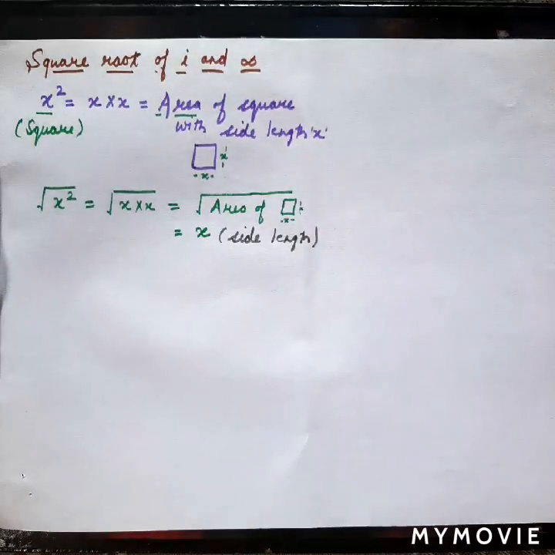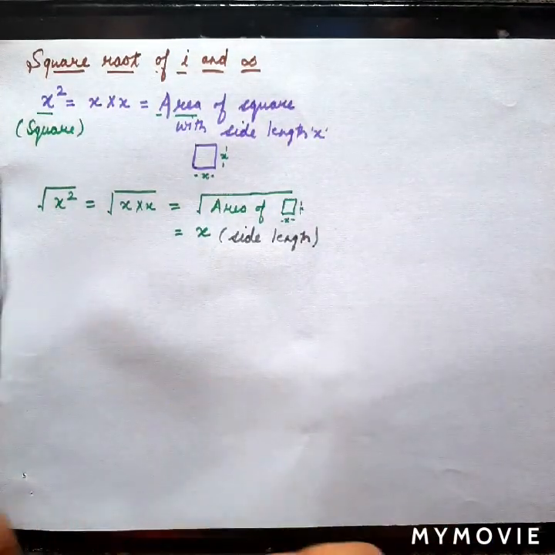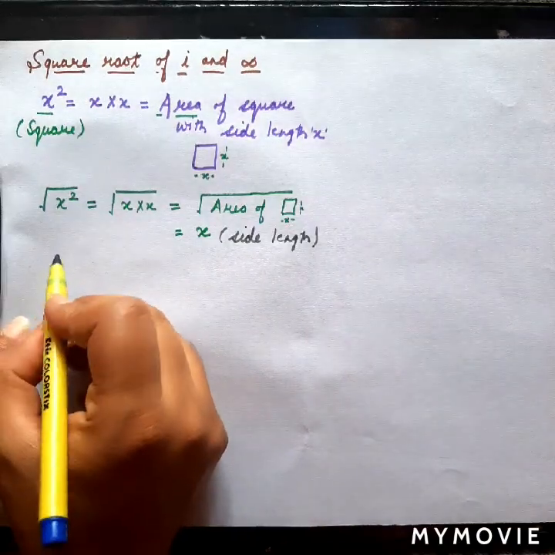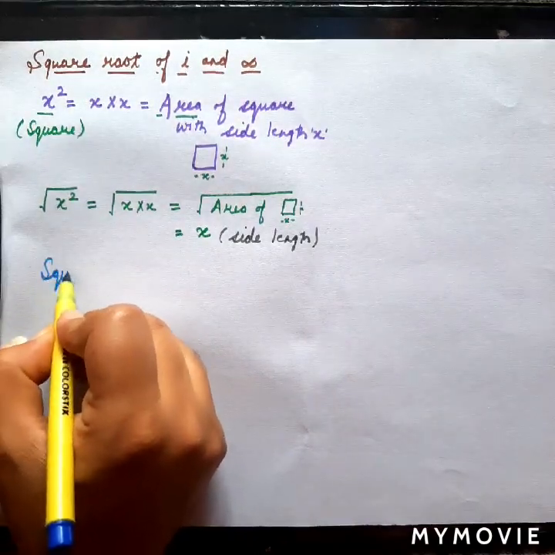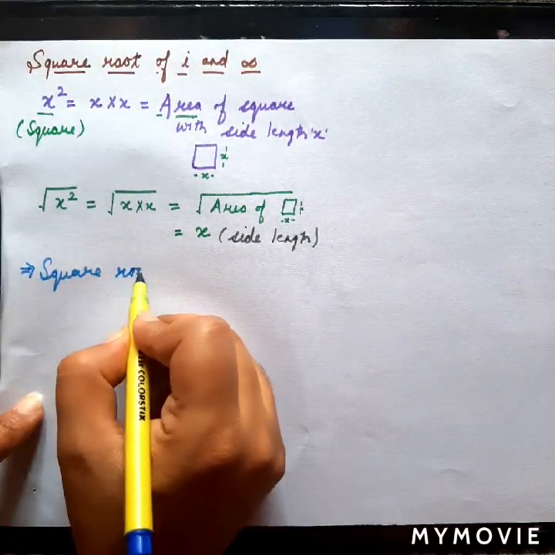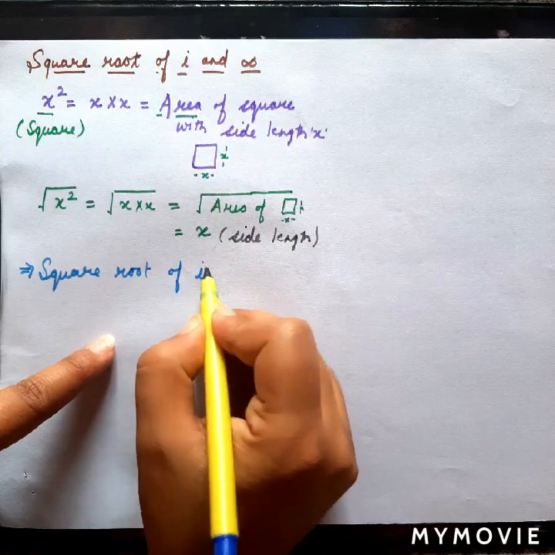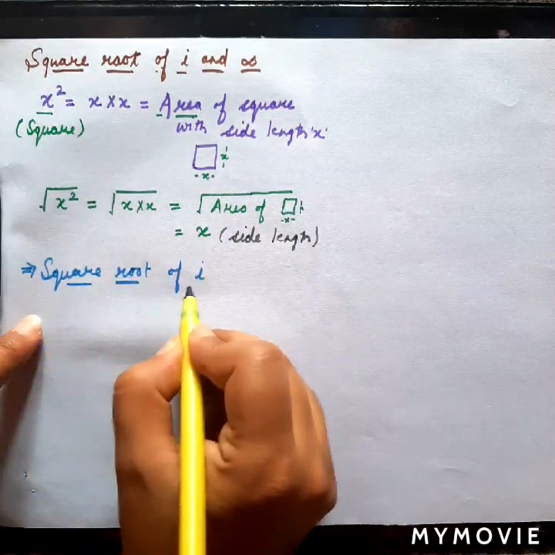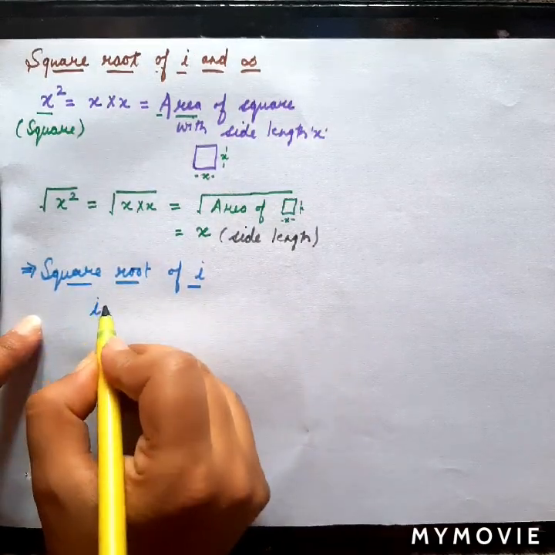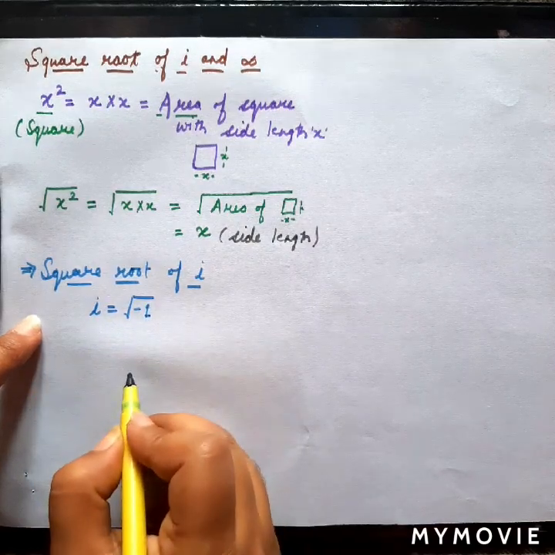First of all, I would like to talk about a square root of iota. What is the exact value of iota? First of all, we will talk about the value of iota. As we already know that iota is actually equals to under root of -1, right?